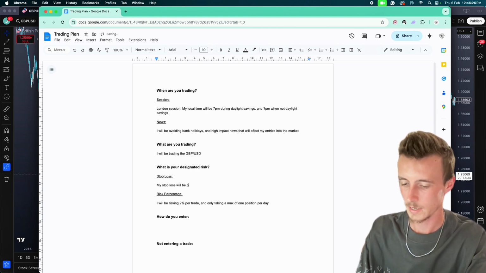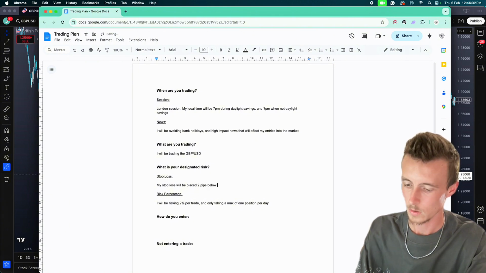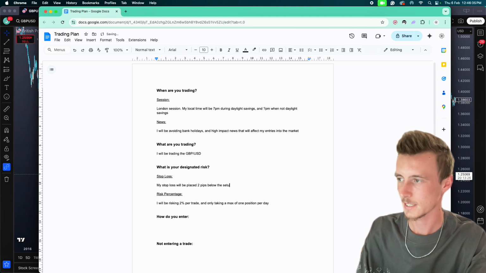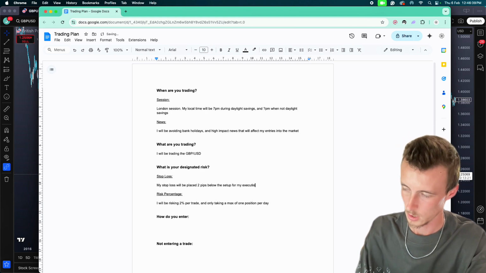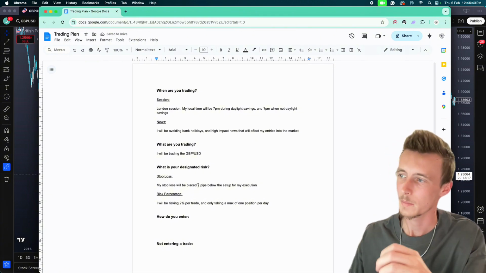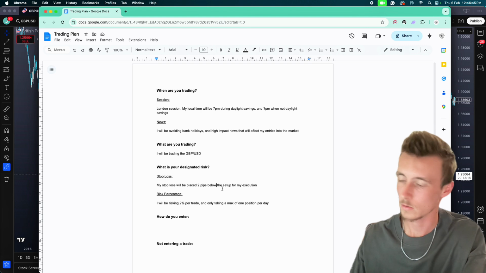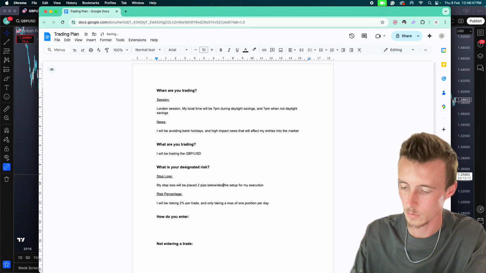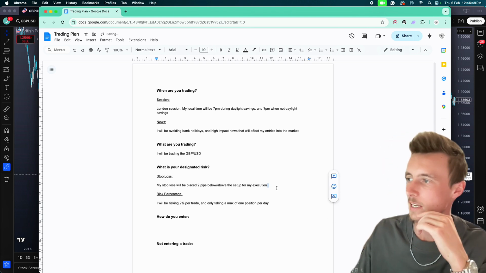will be placed 2 pips below the setup for my execution. Now, I'll be covering over this a lot more in depth with my actual strategy, but 2 pips below or above, because it could be taken short, the setup for my execution.